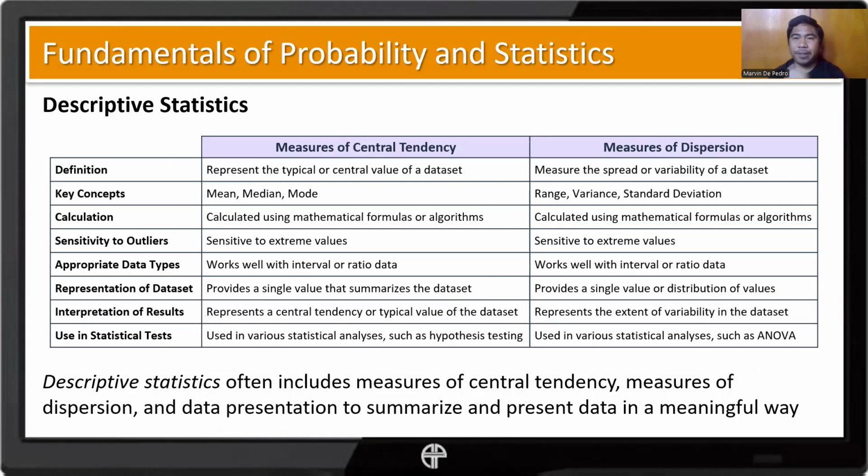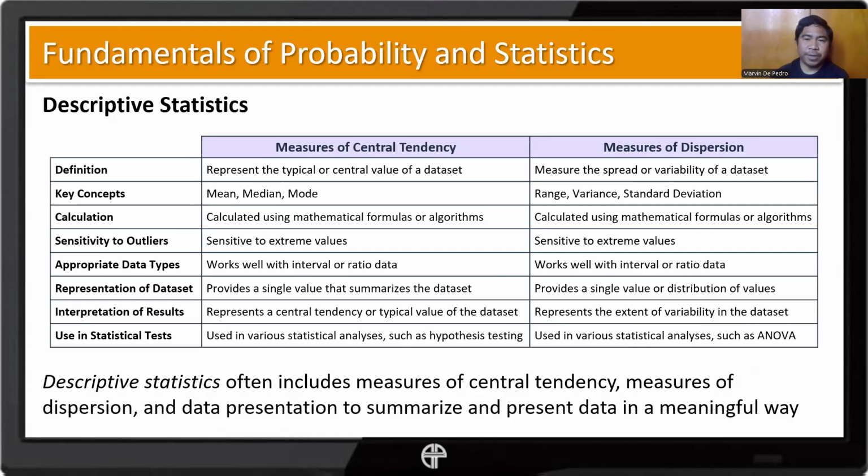On the other hand, when we say dispersion, we are talking about the spread or the variability of a data set, meaning how far the other data are from the center or the target value. How far have they deviated. For that, we compute the range, the variance, and the standard deviation. It works well with interval or ratio data also, and it provides a single value or distribution of values.